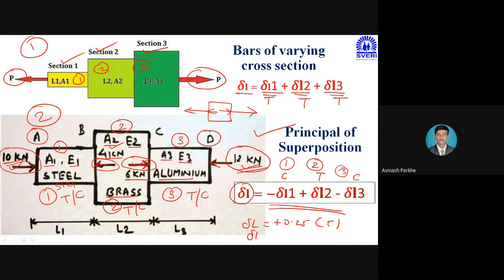If I get the total deformation equal to minus 0.23, I can say that after applying a number of external forces as well as internal forces, the length of that particular bar decreases. म्हणजे उत्तर जर पॉझिटिव्ह आलं तर आपण सांगू शकतो की हे सगळे नंबर ऑफ एक्सटर्नल आणि इंटरनल फोर्स अप्लाय झाल्यामुळे त्या बॉडीची लेंथ वाढली. जर उत्तर तुमचं निगेटिव्ह आलं तर आपण सांगू शकतो की हे सगळे फोर्सेस अप्लाय केल्यामुळे त्या बॉडीची लेंथ डिक्रीज झाली. So this is the basic difference between bars of varying cross section and the principle of superposition.